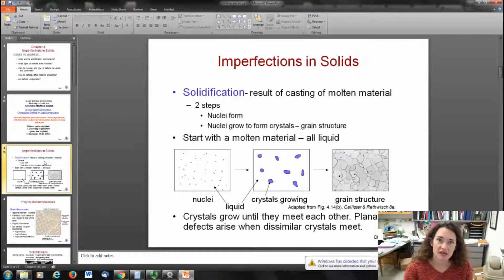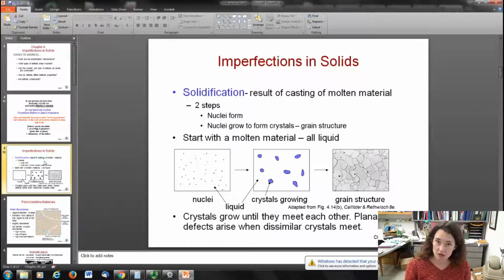One place that defects or imperfections can arise is when a material actually solidifies, when it becomes a solid from the liquid state. So for example, let's say that you're casting a molten metal, okay? When that happens, you start off with a liquid material, and then inside the material, there'll be these little nuclei or seed crystals that start the solidification process.